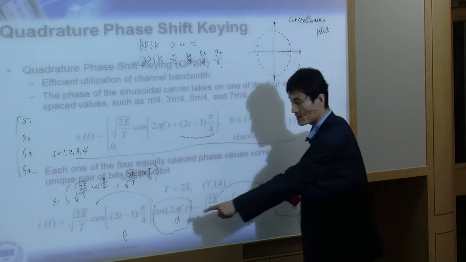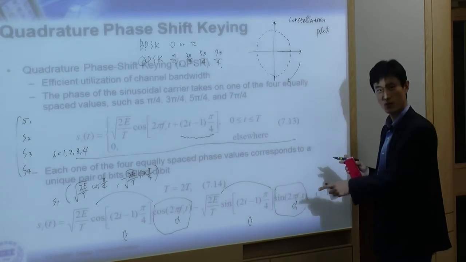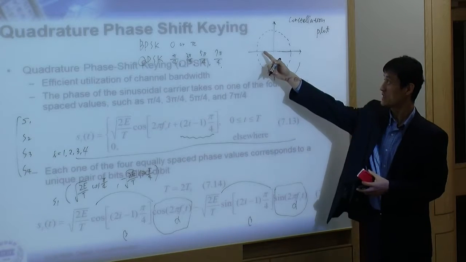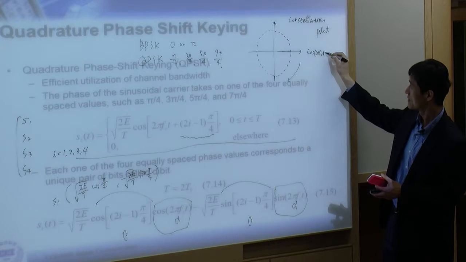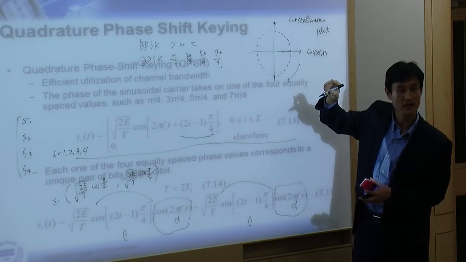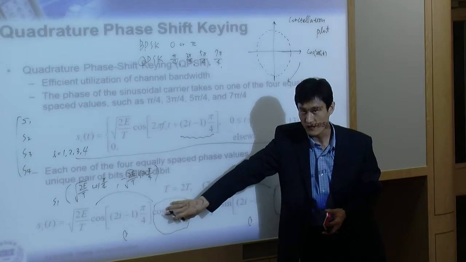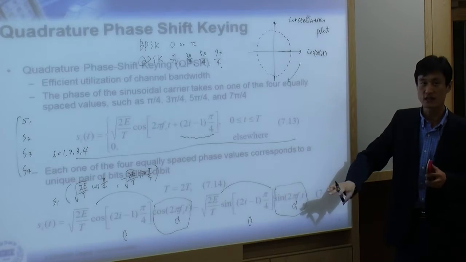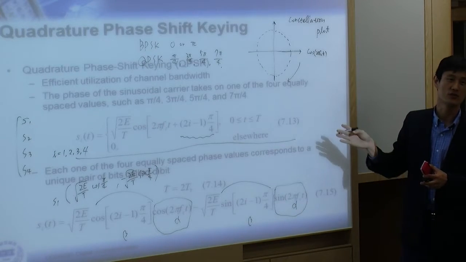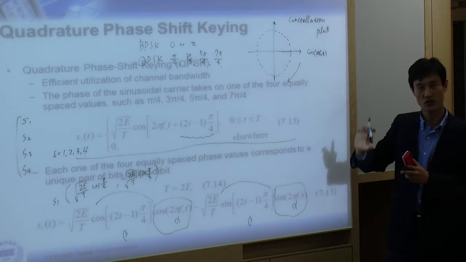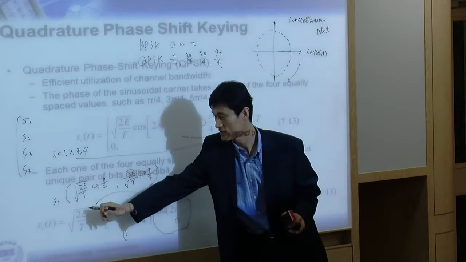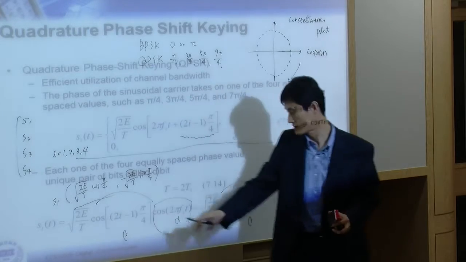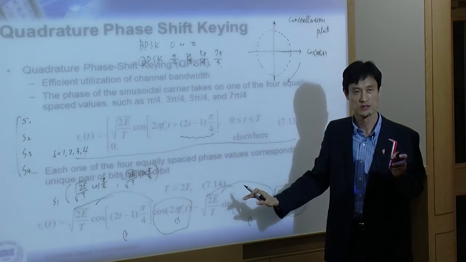Now, I'm not going to plot this cosine carrier, sine carrier. Why is that? Because I said this x-axis is a cosine. This y-axis is sine. Okay? So this one, alpha term, will indicate which axis you use, x or y. So you are not drawing this. This is not information. Your information is this part. This part is your information. This thing is your value. Okay?